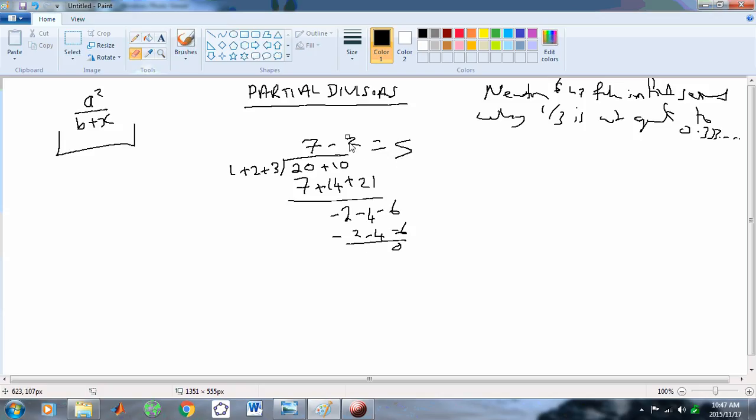If I choose 2 instead of 1 as a partial divisor, I could say 2 goes into minus 4 minus 2 times, and then still again the same result. And 3 goes into minus 6 minus 2 times.